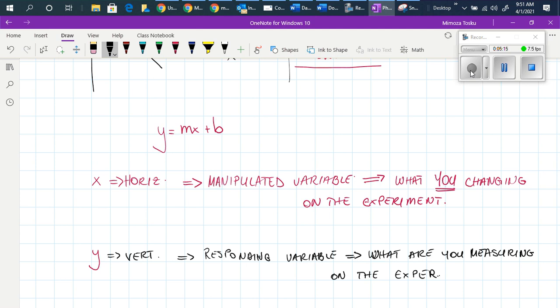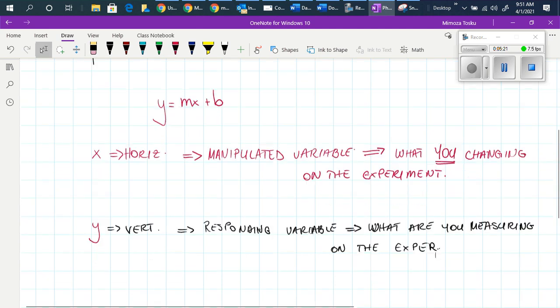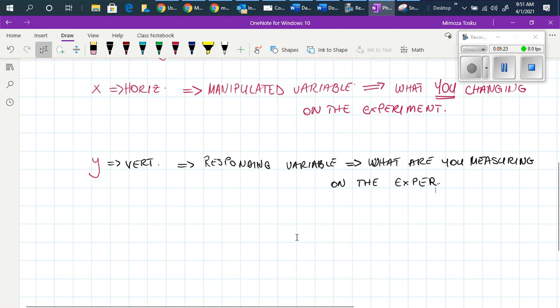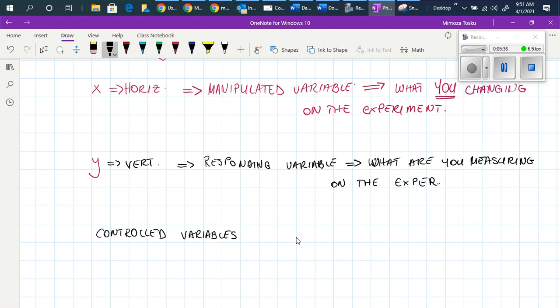Okay, that will be a different experiment. And the rest of the variables that are part of the experiment are known as the controlled variables. And controlled variables, of course, can be more than one. Those variables are kept constant throughout the experiment.